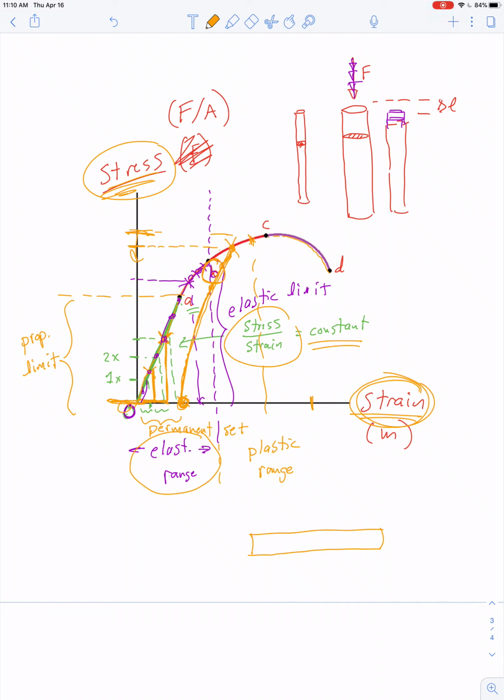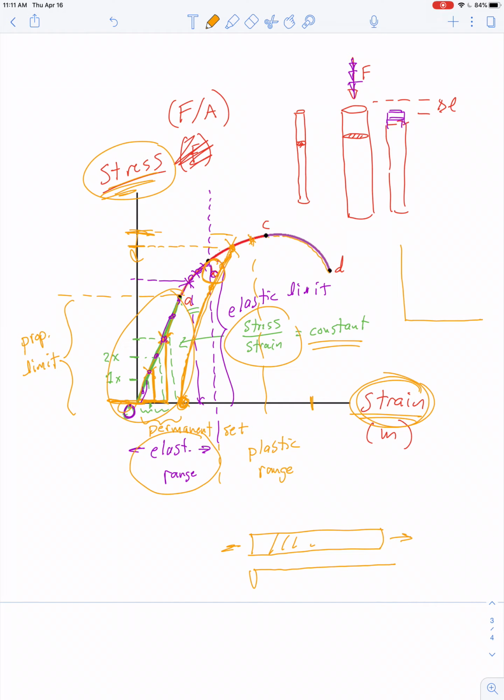When you first pull it, it's pretty rigid, and the relationship of stress to strain would be a large constant value, and then you pull it. Now, taffy is like the opposite of a spring. It has a very small portion of this graph. So no two graphs are going to be the same in length, but they will have the same shape.